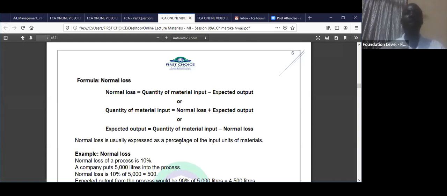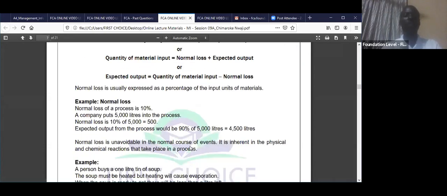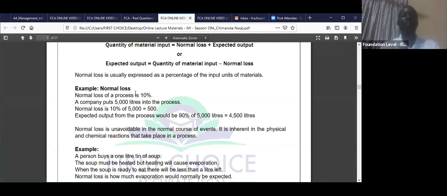When I gave you bread as an example, I told you 10%. Now look at the example here. Normal loss of a process is 10%. If a company puts in 5,000 liters into the process, the normal loss is going to be 10% of 5,000, which means 500 will be missing, that will be lost.